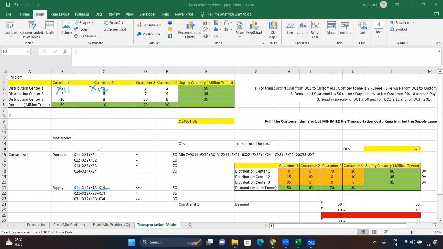So now you can see for this small problem also how big the formula is, right? So today we are going to see how to formulate the mathematical model in a more compact way.